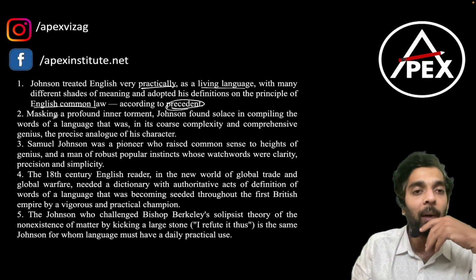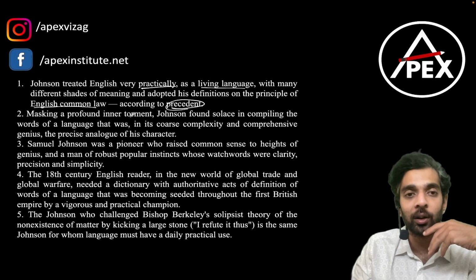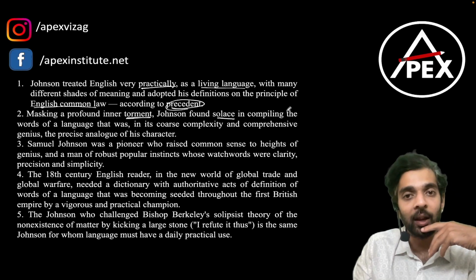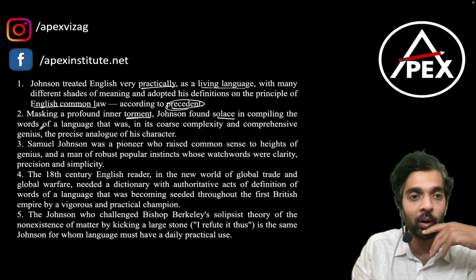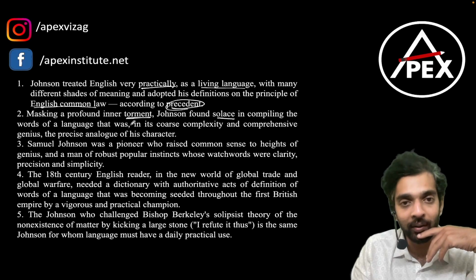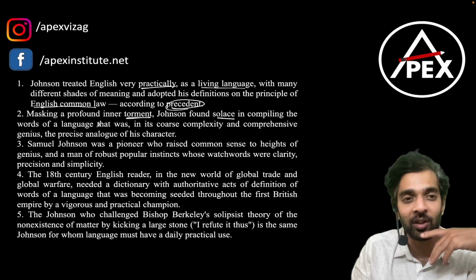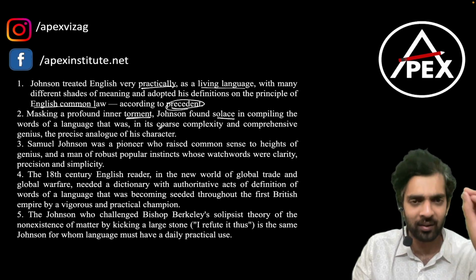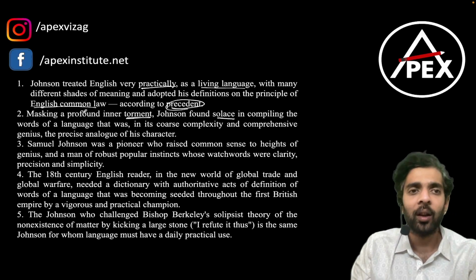Yes. Masking a profound inner torment, Johnson found solace in compiling the words of a language that was, in its coarse complexity and comprehensive genius, the precise analogue of his character. So basically, what is it? Here, masking.